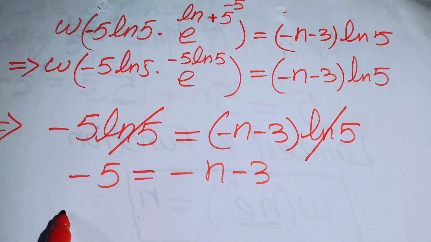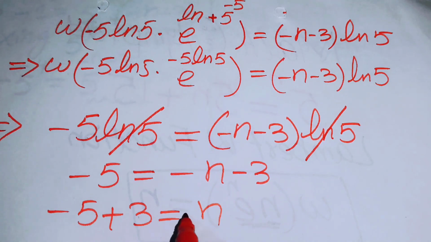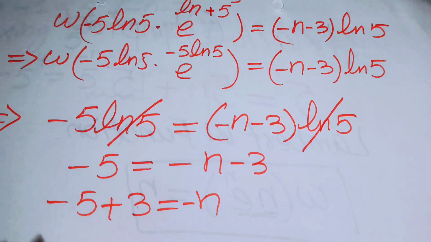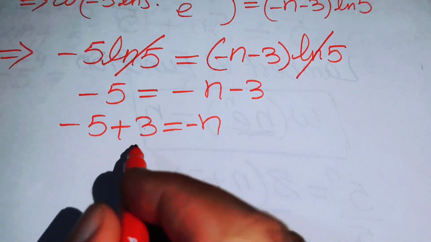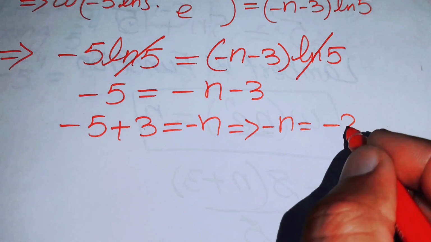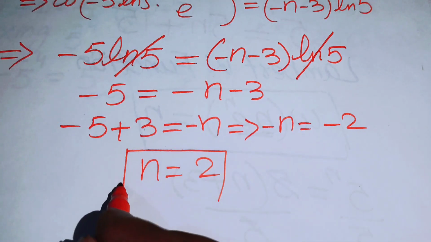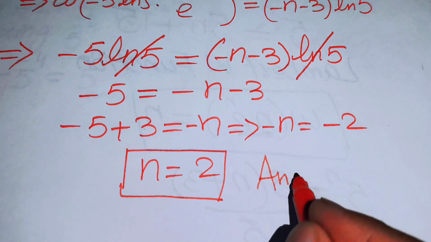We move minus 3 to the left hand side, and you get minus 5 plus 3 is equal to minus n, so minus n is equal to minus 2, and finally we get n is equal to plus 2. And this is our final answer to this question.